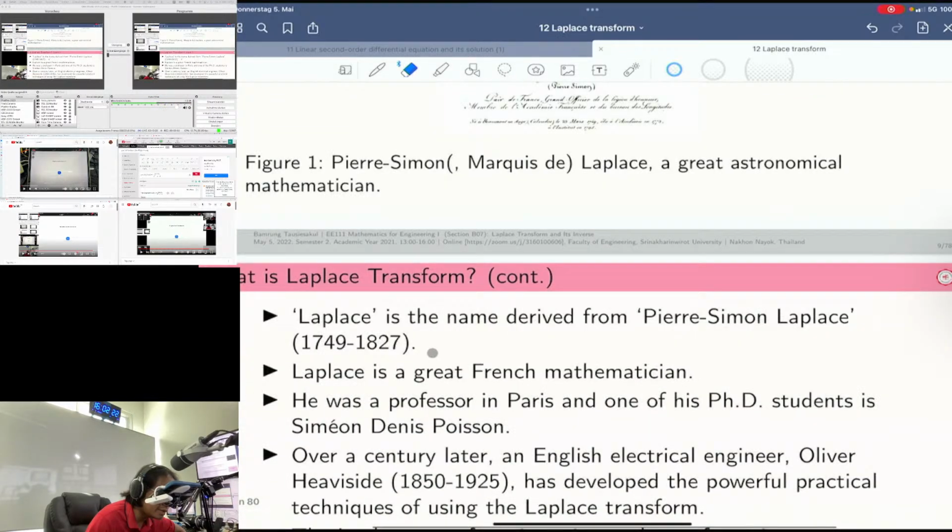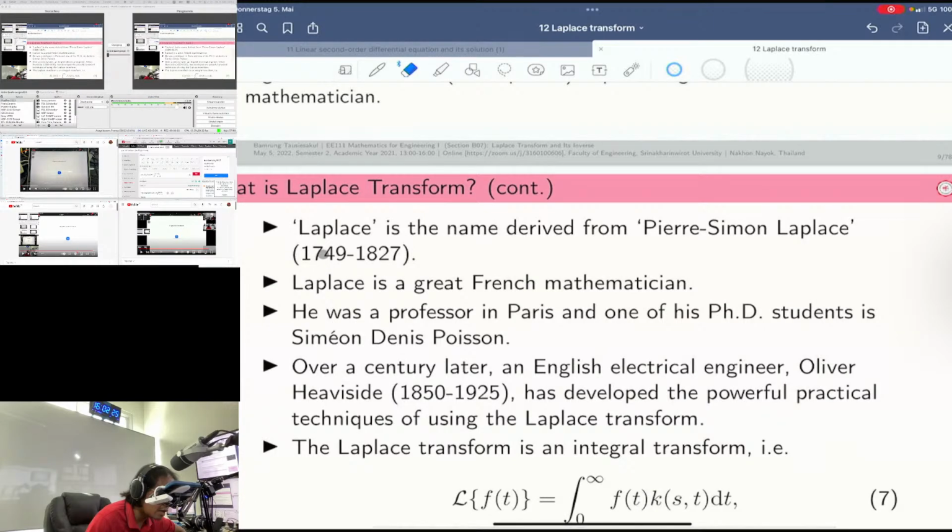His life was between 1748 and 1827, about 200 years ago. He has passed away. Laplace was a great French mathematician and a professor in Paris, and one of his PhD students was Simeon Denis Poisson.